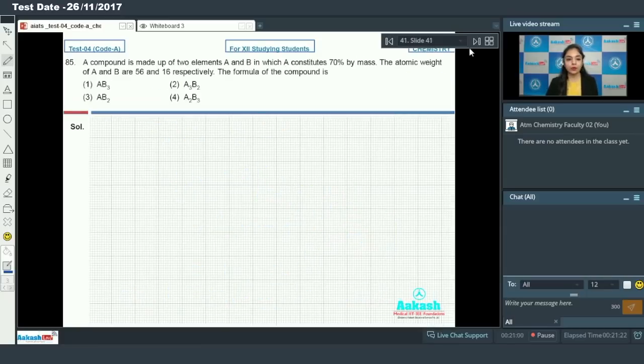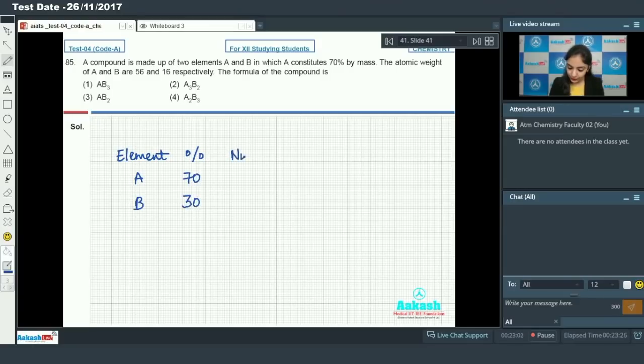Moving on to the next one, question number 85, which says: a compound is made up of two elements A and B, in which A constitutes 70% by mass. The atomic weights of A and B are 56 and 16 respectively. The formula of the compound is. We have elements A and B, so the percentage composition is 70 and 30.